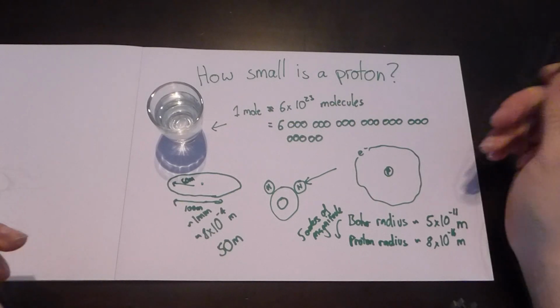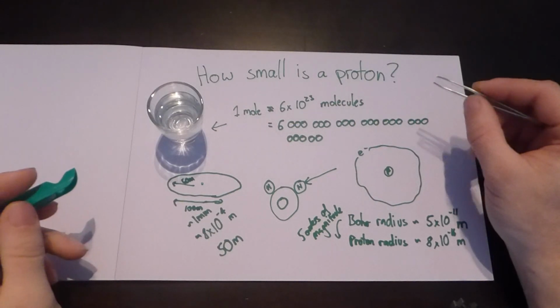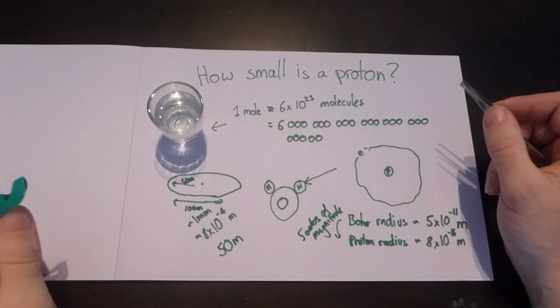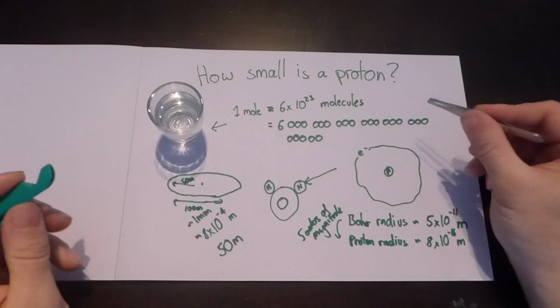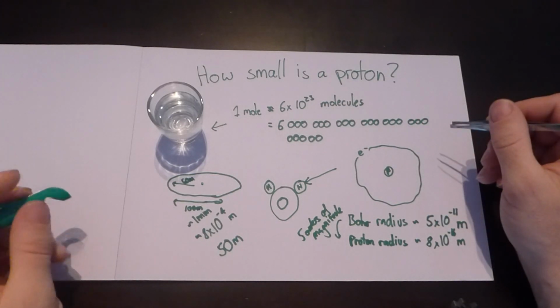And we would see roughly that that's a hydrogen atom to scale, where the little hundreds and thousands piece is the proton. So to answer the question, how small is a proton, the answer is very, very, very small.